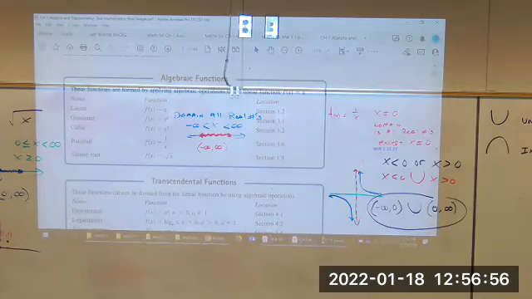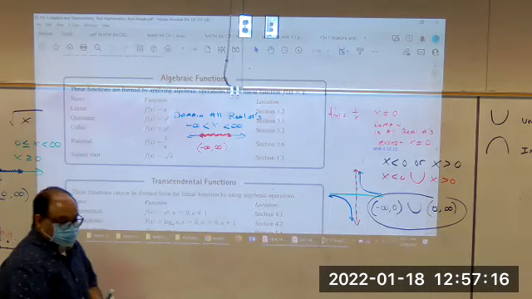But the problem happens when people go to the next number. And they go, all right, let's plug in 2 because that's what you usually do. And if you go, all right, f of 2, 2 goes in and we get square root 2. Square root 2 is an irrational number.